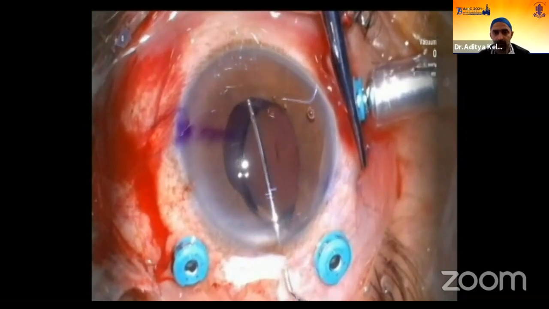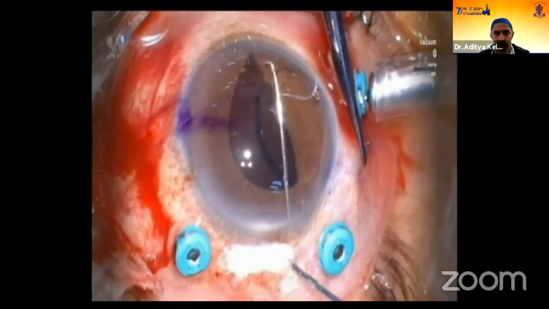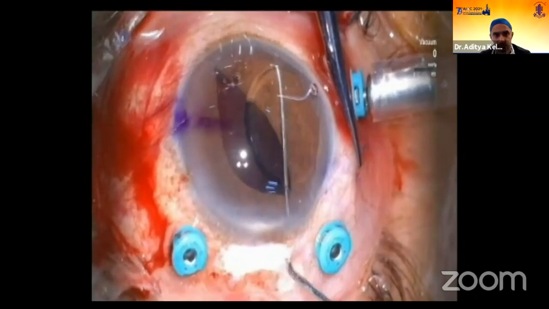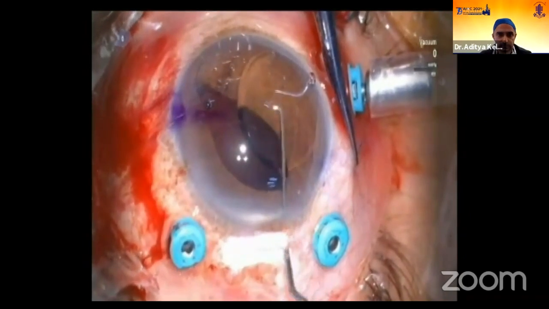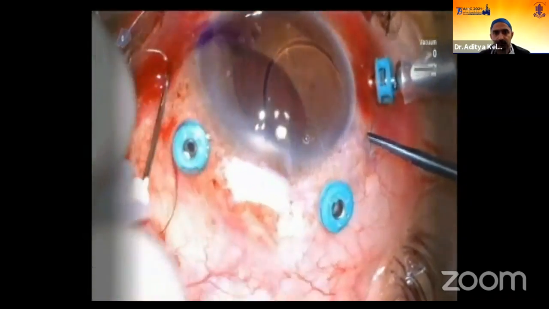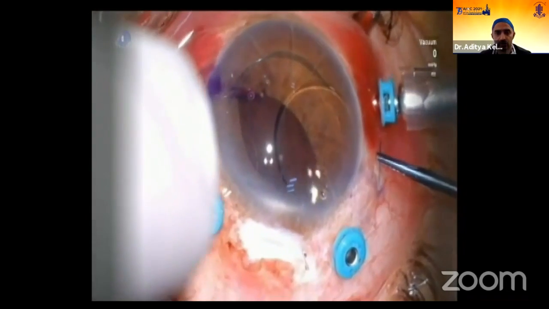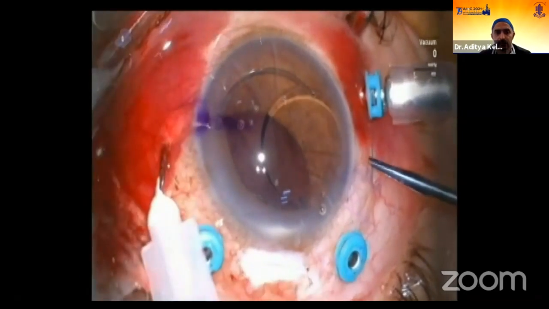Then I kept on holding on to the haptic with the assistant, brought the other haptic into the anterior chamber, and then repeated the procedure. So here the role of the assistant is very important. He's holding on to the haptic on the other side.